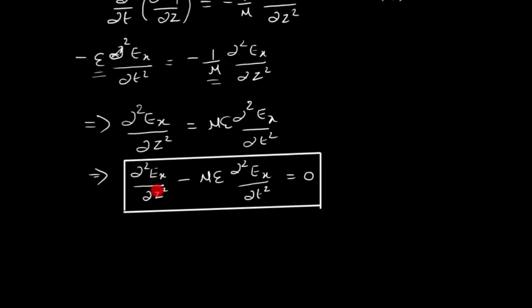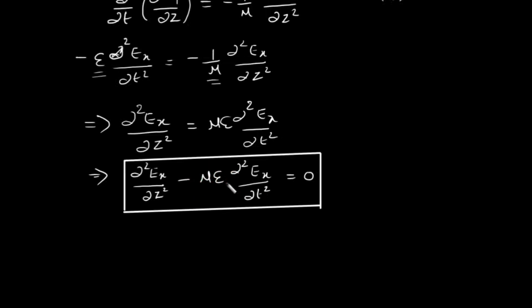So double variation along space minus medium constant values, because the traveling wave always depends upon the medium, right? Wave will not travel the same in air, in water, in glass, or in a copper wire conductor, whatever. So it depends upon the medium also.